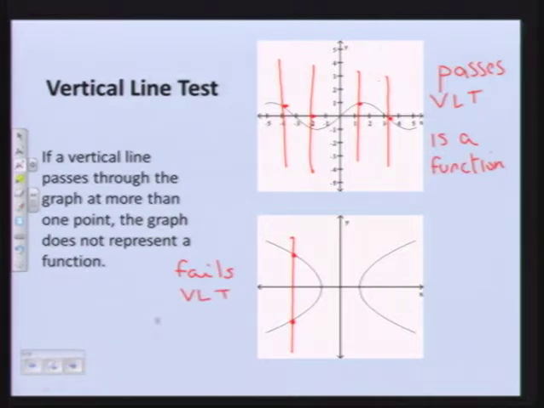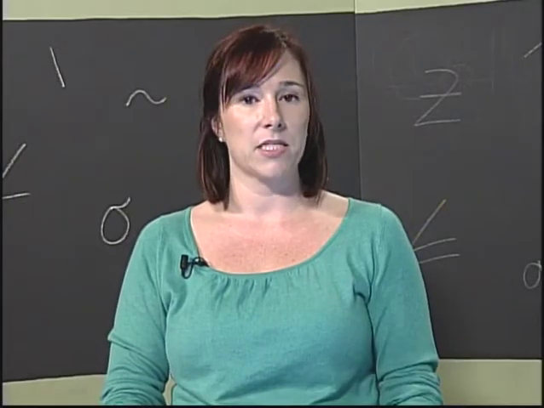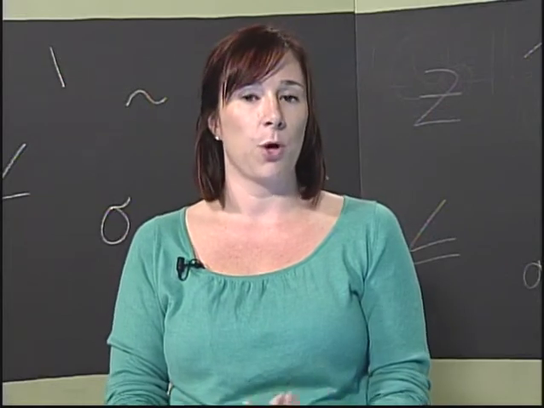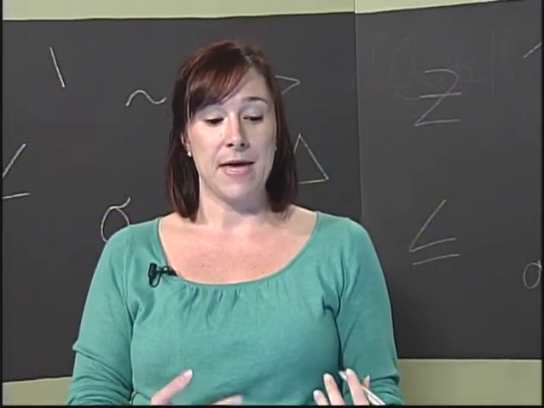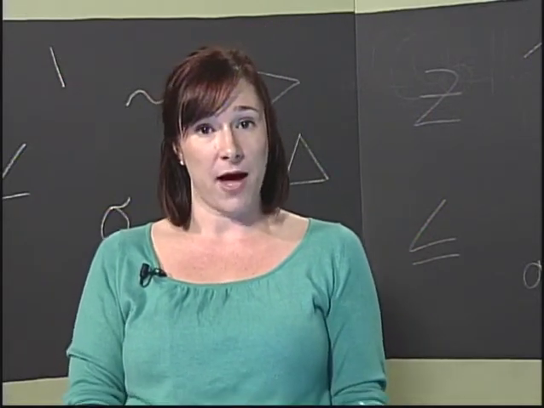Because of that, it is not a function. And that's what the vertical line test does. Once again, it's all about the x values. Does the x value occur more than once? And that's going to tell you whether or not what you have is a function.